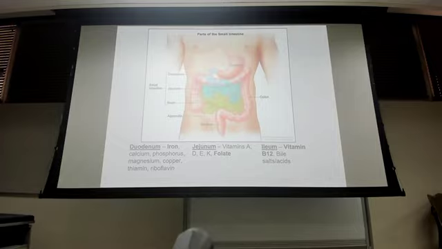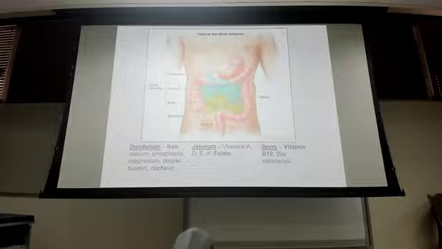Just a review, if you look back at it, but what you notice on the slide is it's just discussing basically where certain minerals, vitamins, and nutrients are absorbed in the small intestine. So we'll talk, like I said, in another hour and a half lecture next week, about some specific vitamin and nutritional deficiencies, vitaminosis.